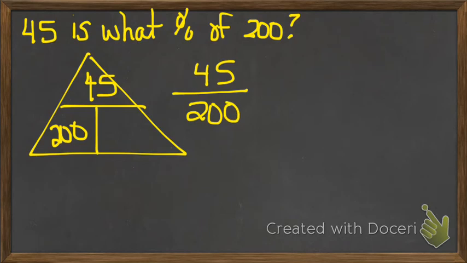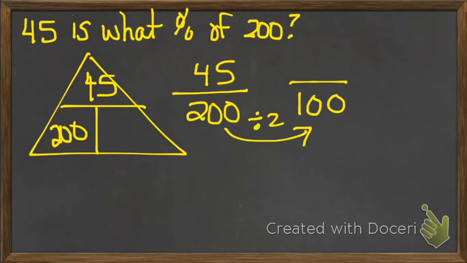Remember, the goal is to somehow get this to be over 100. Is there something I can do to make the 200 become 100, called Sean's shortcut? Anybody have an idea what to do to 200 to become 100? Max? Let's divide by 2. Kind of like a scale factor.